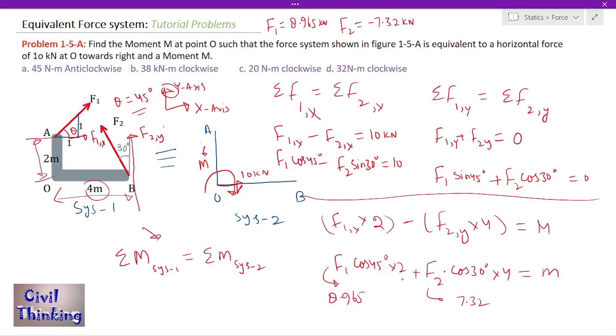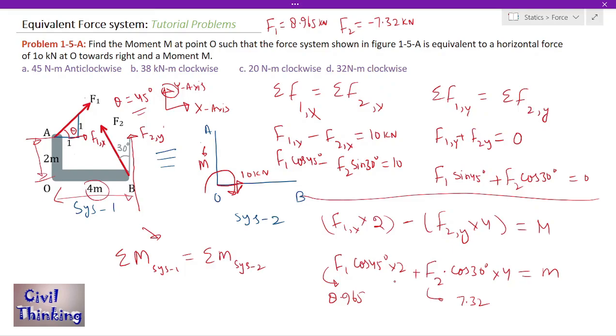Okay, so let me use the calculator to find the value of this equation. So it is 8.965 multiplied by cos 45 degrees multiplied by 2, plus F2 is 7.32, right, multiplied by cos 30 degrees, multiplied by what? 4.